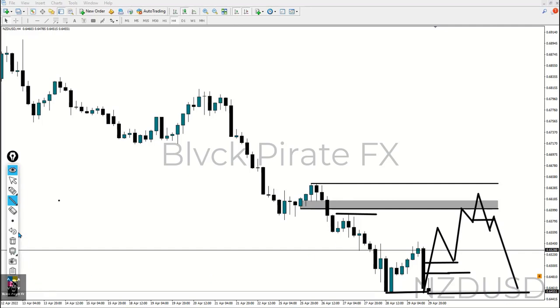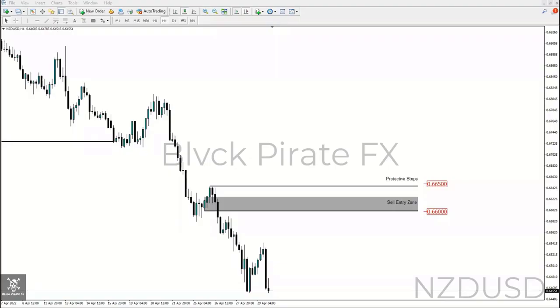We can also use those for profit taking. So with that said, this is what my chart looks like. Once they get into the sell entry zone, we can start anticipating our sell profiles, and then we can aim for lower prices.